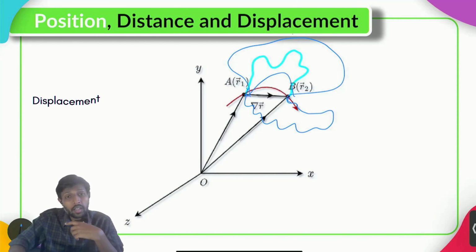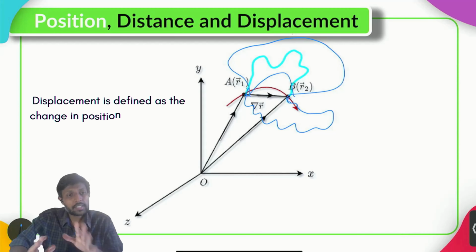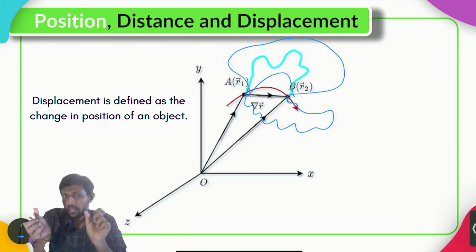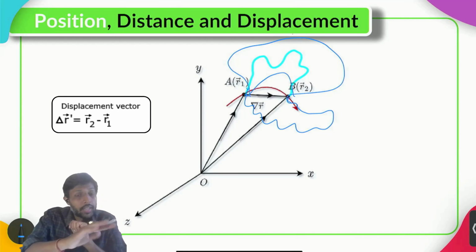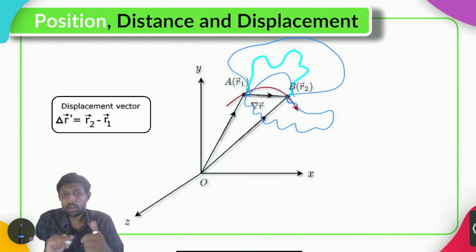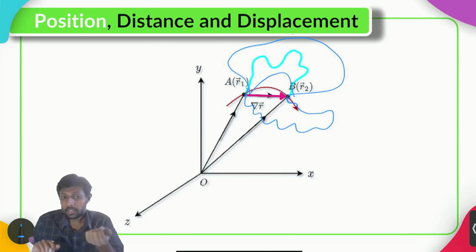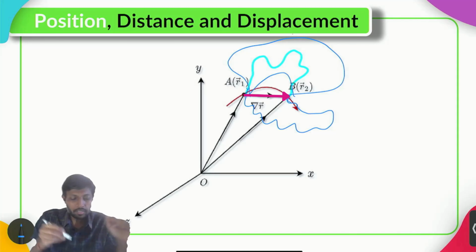But the displacement is the same in all the cases because displacement is defined as the difference between the final position and the initial position. It doesn't matter which path, how longer or shorter a path we took. If the final position and the initial position are identical for four different cases, the displacement is going to be same for all those four different cases. Diagrammatically, displacement, which is also a vector, is represented by the difference of final and initial position vectors. Let's look at it.